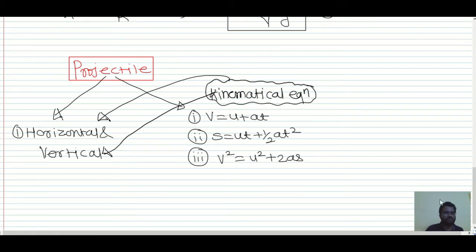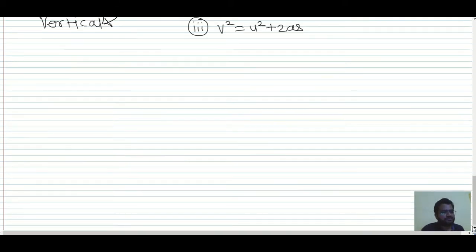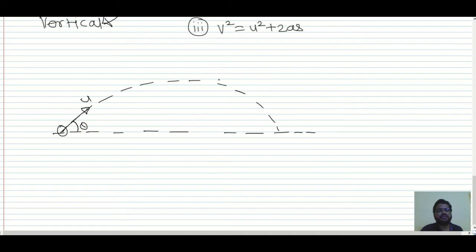Now how I'll show. See, if I just throw the ball with a velocity u at an angle theta, this ball will follow a certain trajectory, and that trajectory we know is the parabolic trajectory, isn't it? Okay, no problem.